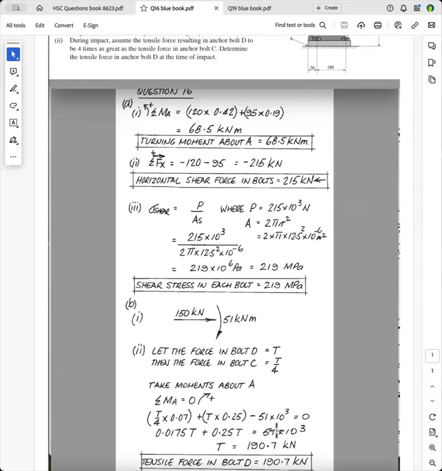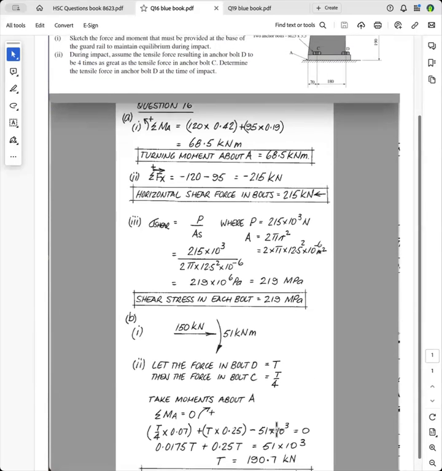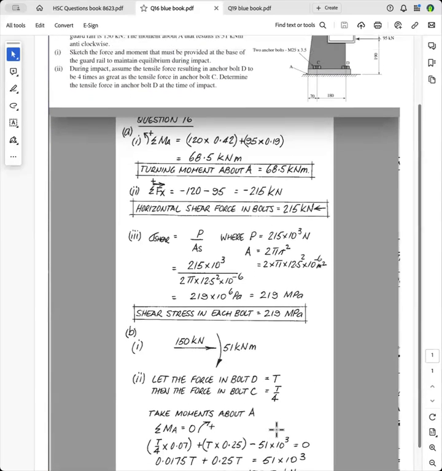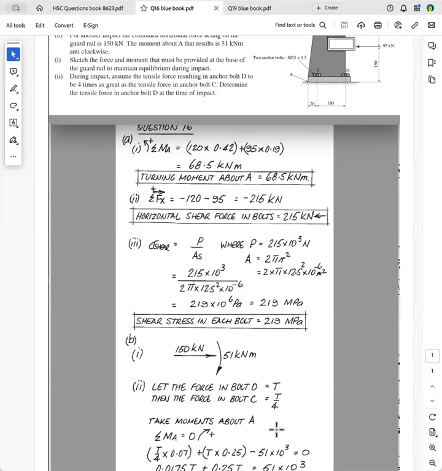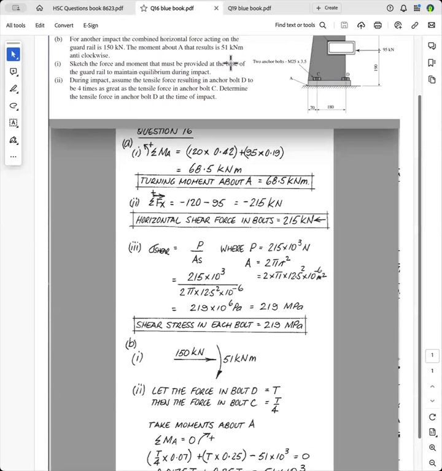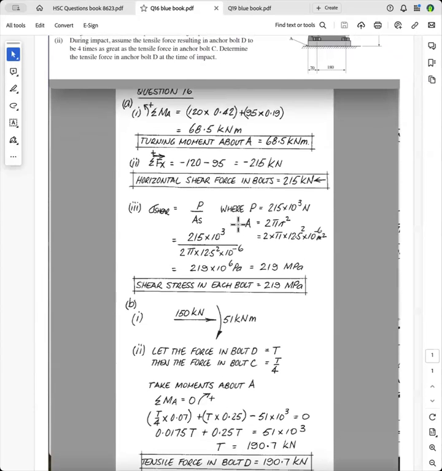And so the reaction there is 51 kilonewton meters, and that equals 0.